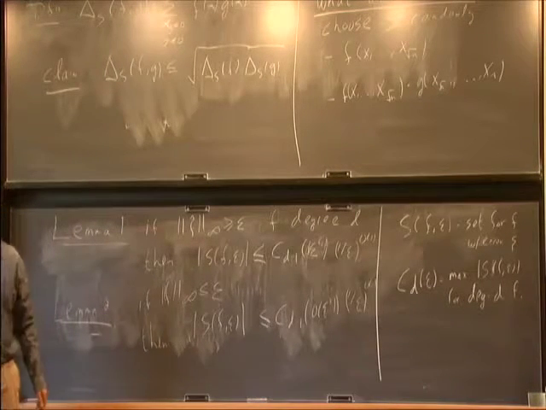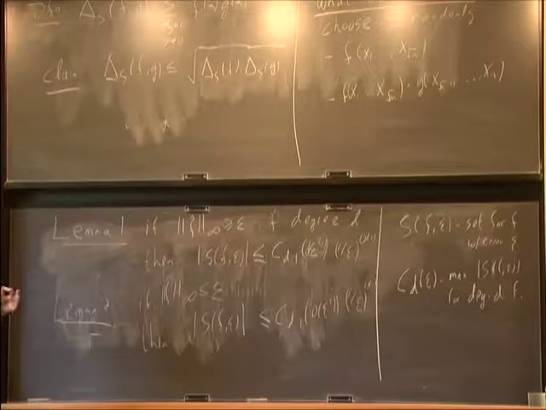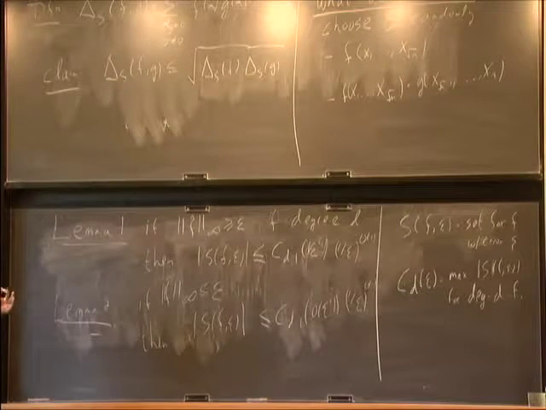Isn't it clear that S should be the set of the most influential coordinates? For example, maybe all the coefficients have more or less the same influence. Take a random polynomial, so all the variables have very, very small influence.